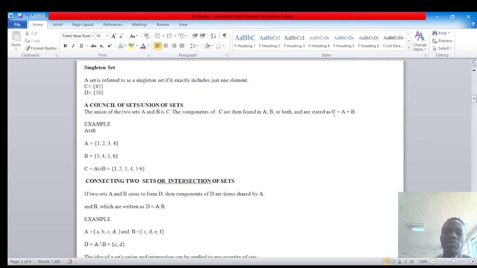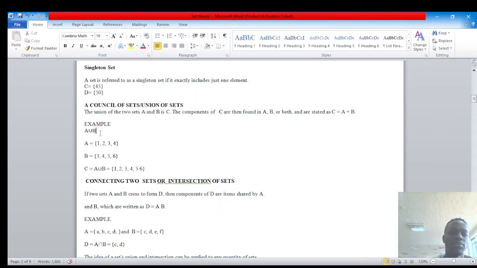So C is equal to A union B. When A and B unite, they form set C. The union is denoted by the symbol shown on the screen. We read it as A union B.